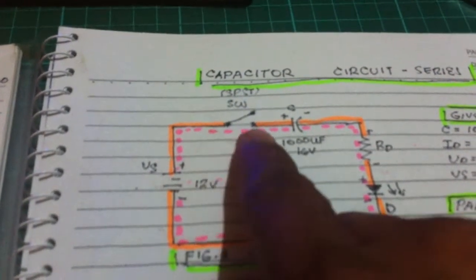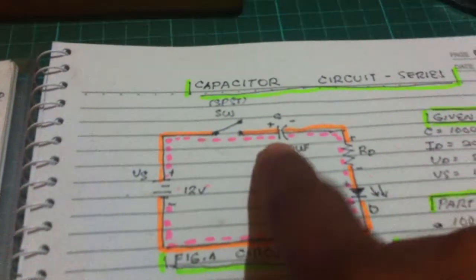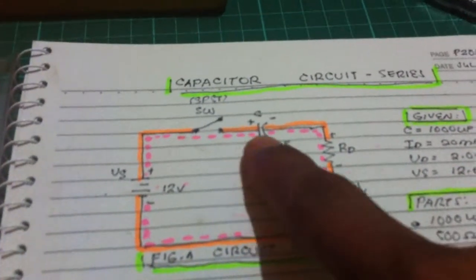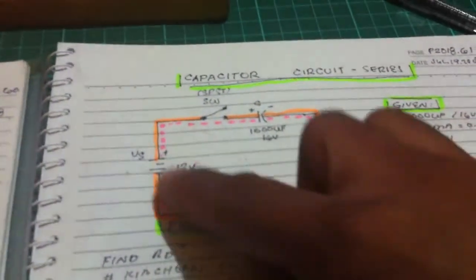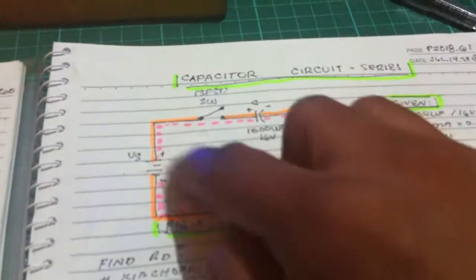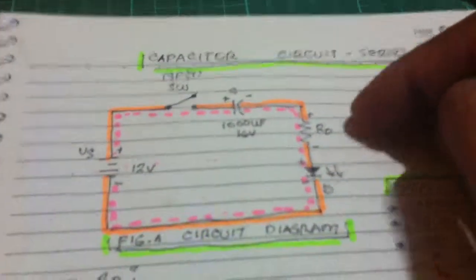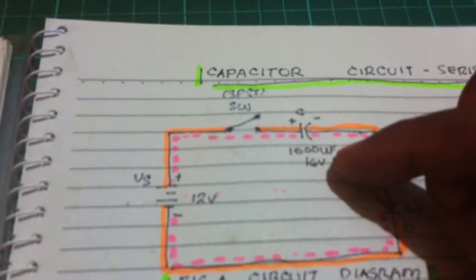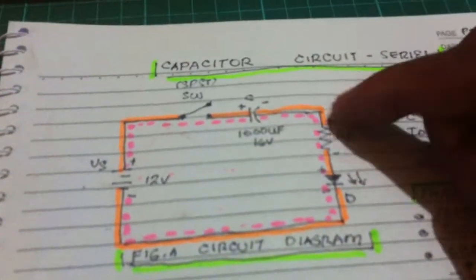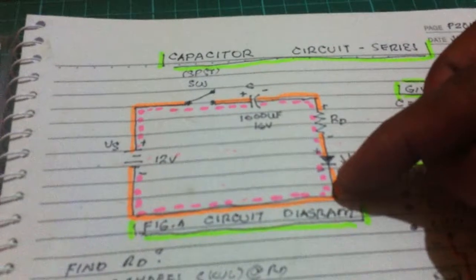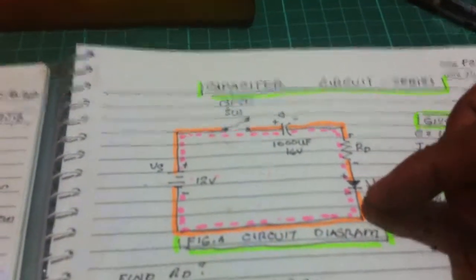Current flows here to the capacitor and it's charging, and then to the resistor and to the LED. So it's charging, and we're using a 1000 microfarad capacitor, 16 volts, and it's charging, making the LED turn on.